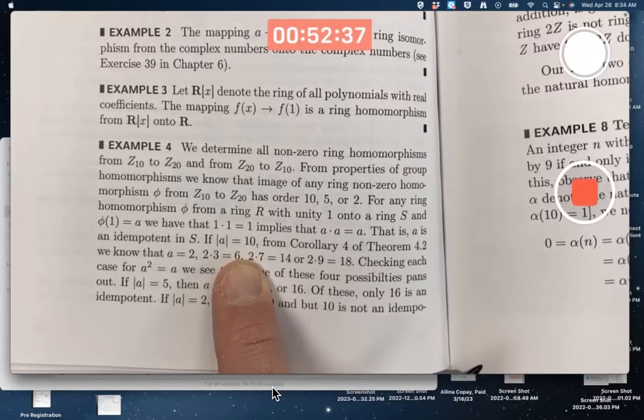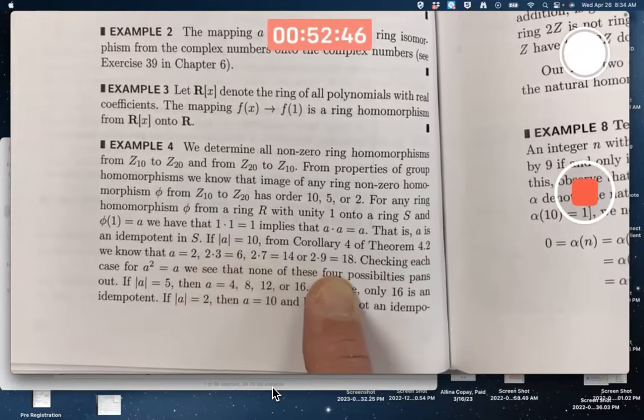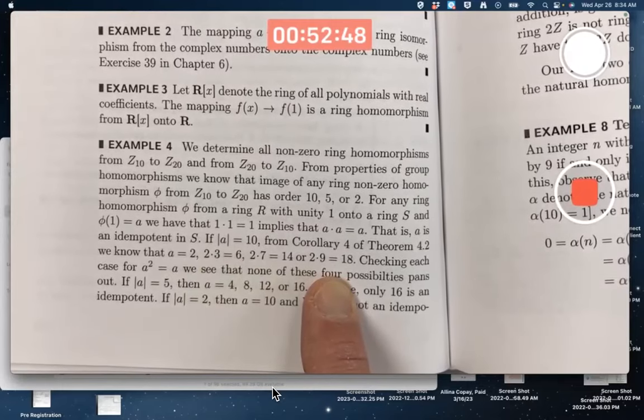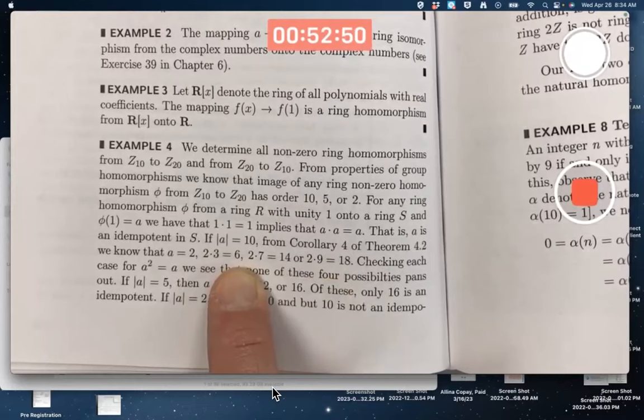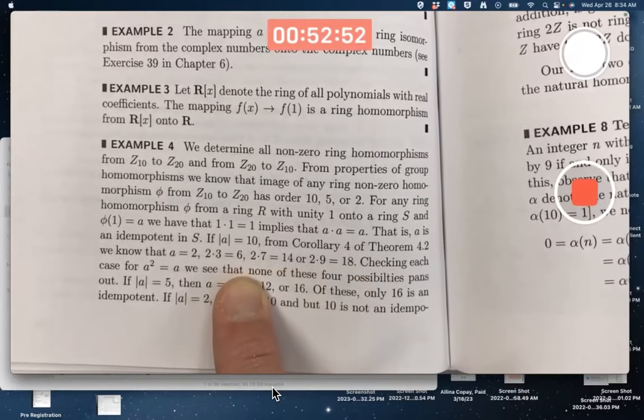Think about multiples of 2 where the coefficient is relatively prime to 10. 3, 7, 9. Yes, these other numbers, 6, 14, and 18, are going to all have order 10 under addition, group operation being addition. 6 is not going to get you back to 0 when you add it to itself until you've added it to itself with 10 terms. 10 times 6 is 60, mod 20 is 0.